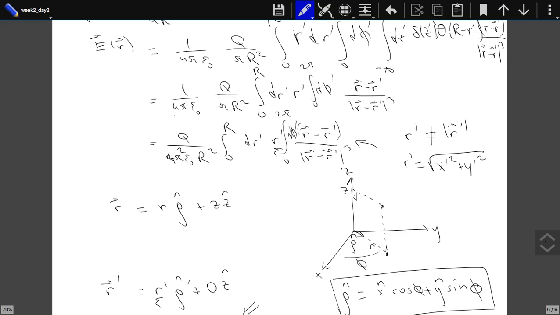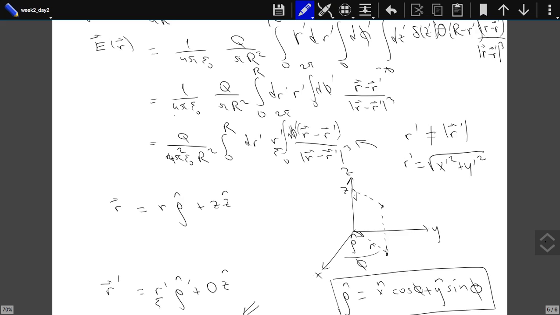Let's just imagine my R vector is over here. At this point, rho hat vector is this vector. But R prime, we are integrating over the R prime. It can be any vector on my disk. But at this point, rho hat vector is pointing in this direction. It's a different vector. It's not the same vector as the rho hat vector over here.